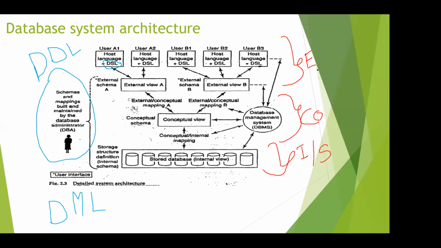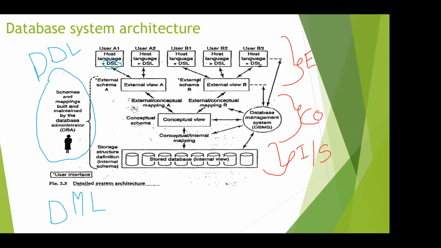So each external view, see here external view A and external view B, is defined by means of an external schema. The external view is defined by means of an external schema, which consists of basically definitions of each of the various external record types in the external view.